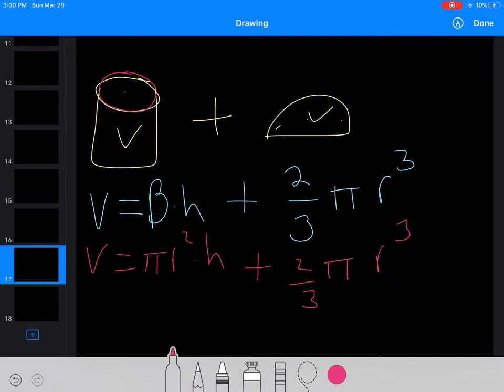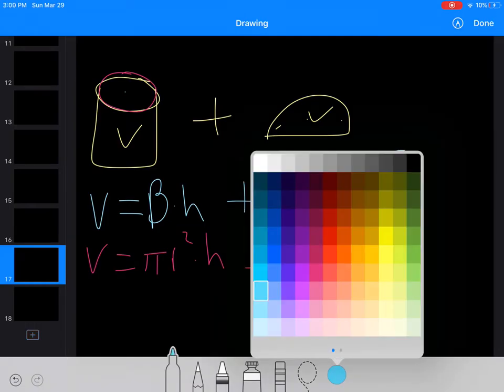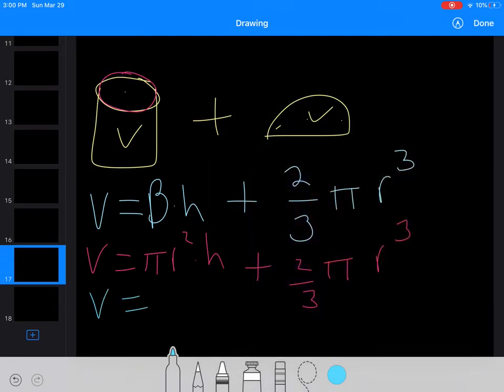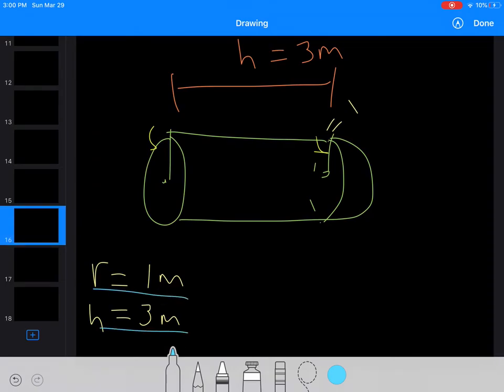All right, so we just have to substitute our values in. Pi is 3.14, r is 1 in both cases, and h, remember, was 3.